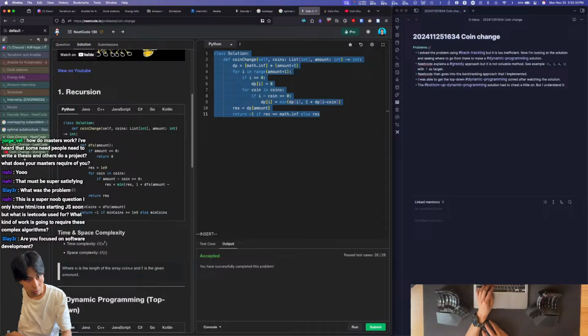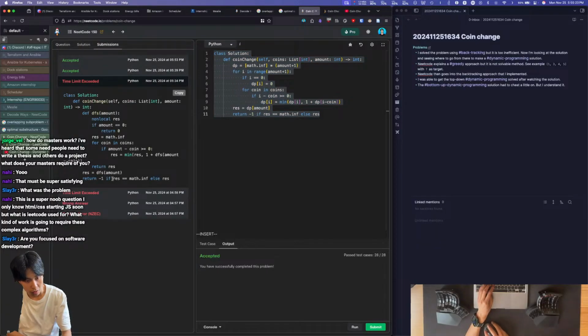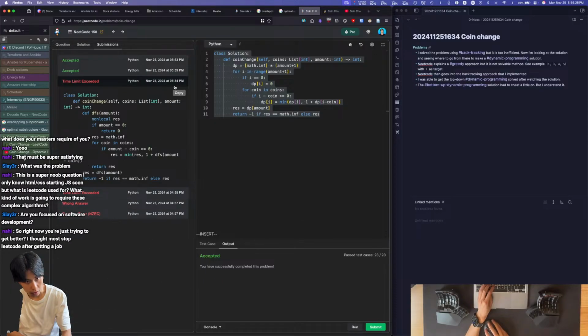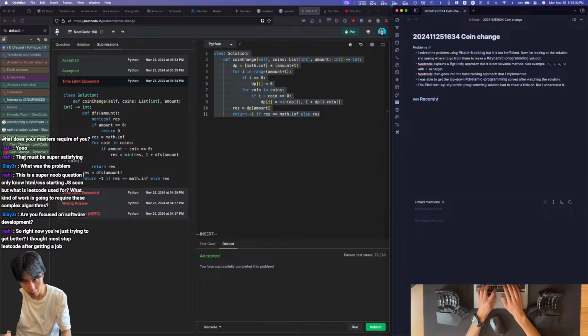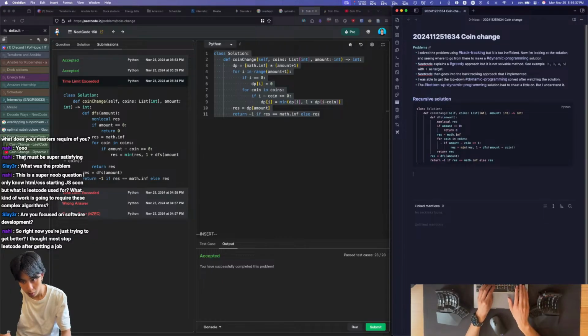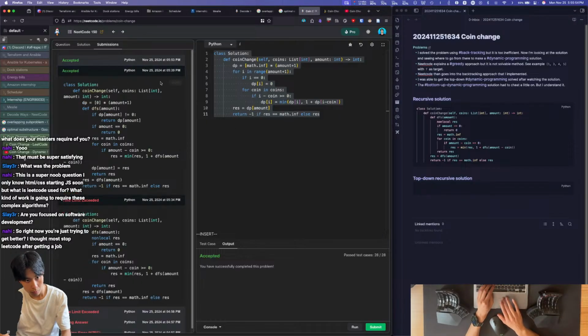Okay, so during all these submissions, there have been things that I've done. So I'm going to write these down. Recursive solution, Python. Top-down recursive solution is going to be here.